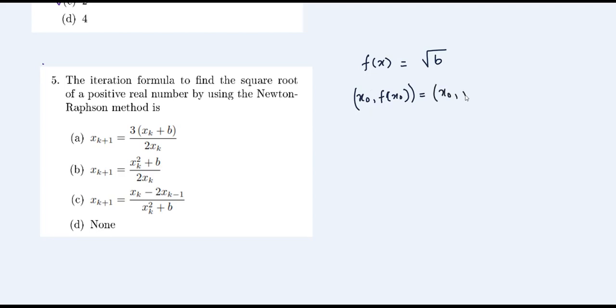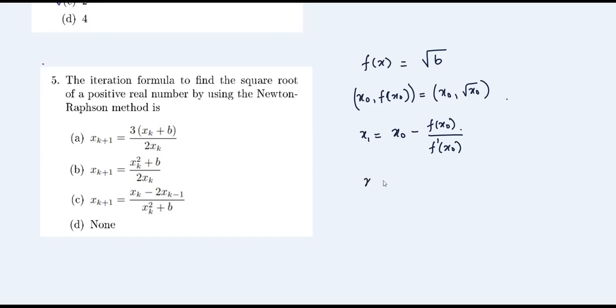So x naught and root of x naught. So according to this, the first step is x naught minus f of x naught by f dash of x naught.